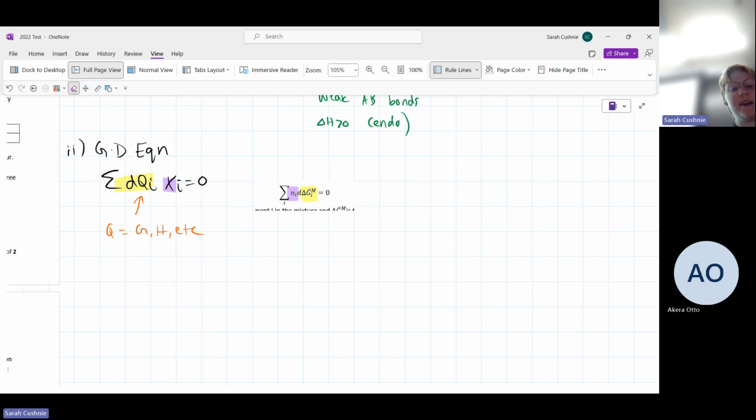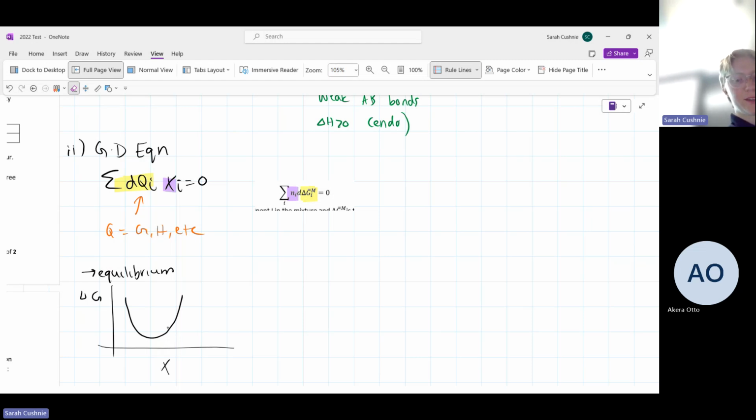But really all we're saying here is that this is for a system in equilibrium. This equation must be true for a system at equilibrium. Think of a Gibbs free energy graph, with delta G against x.